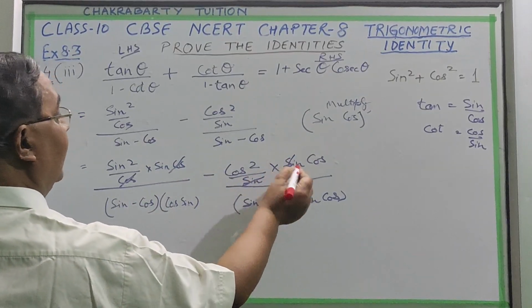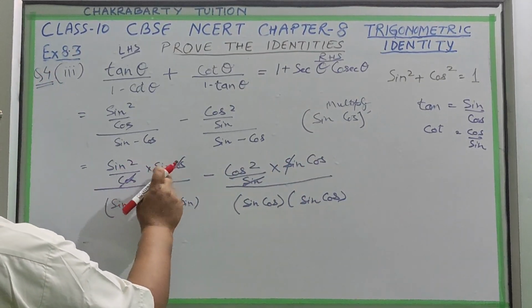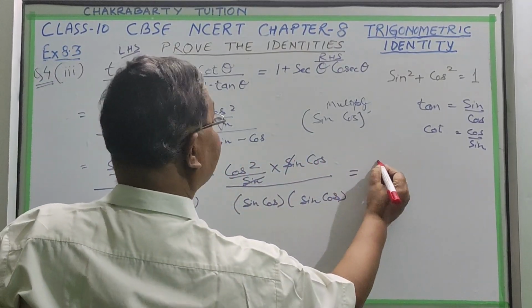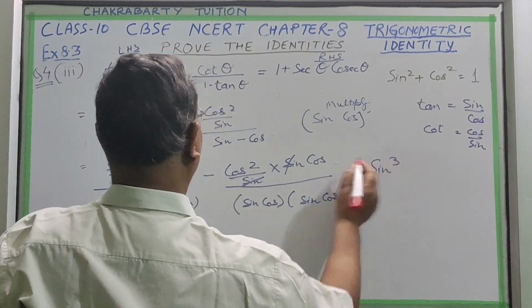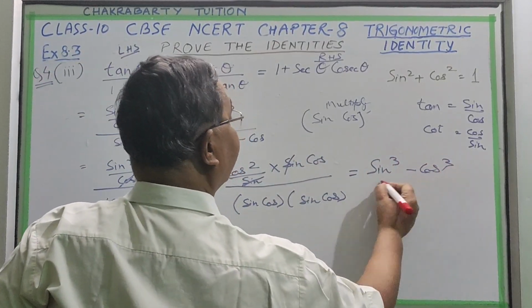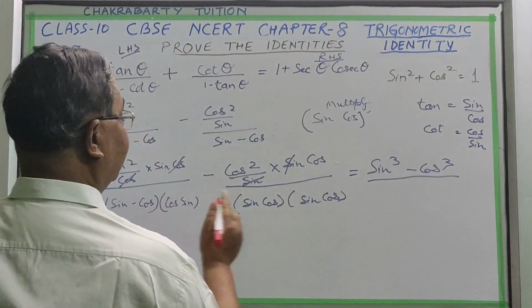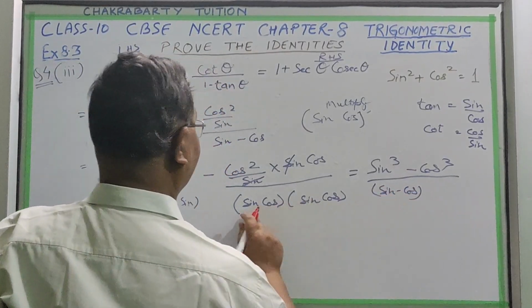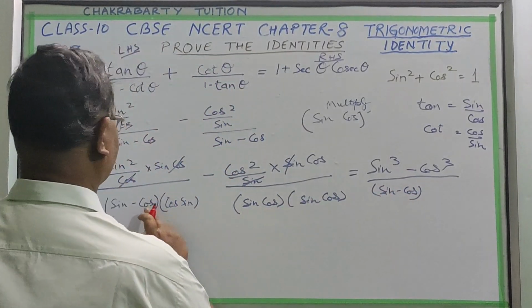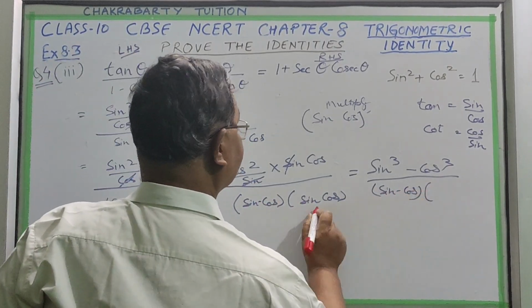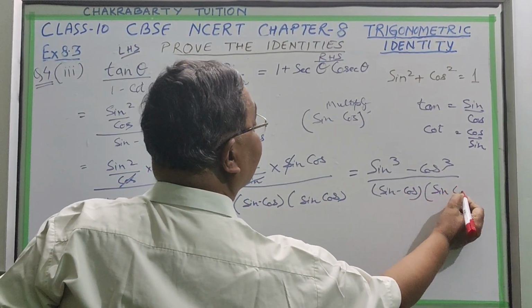This sine will go out, and here upper side it will become sine cube, and here it will become cos cube, and lower side it will become sine minus cos, and other will remain sine cos, and other this we have multiplied, sine and cos will remain.